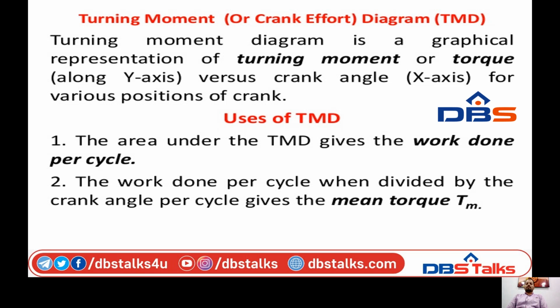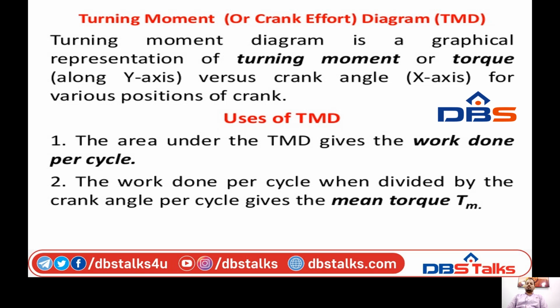Then the work done per cycle divided by the crank angle per cycle gives the mean torque. This is a major torque to be remembered for finding the excess energy developed by the engine and the useful energy from the engine.